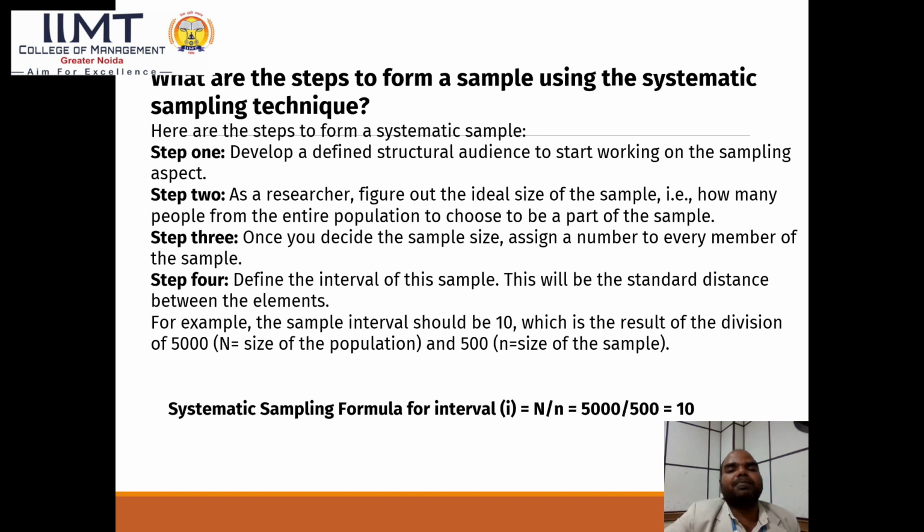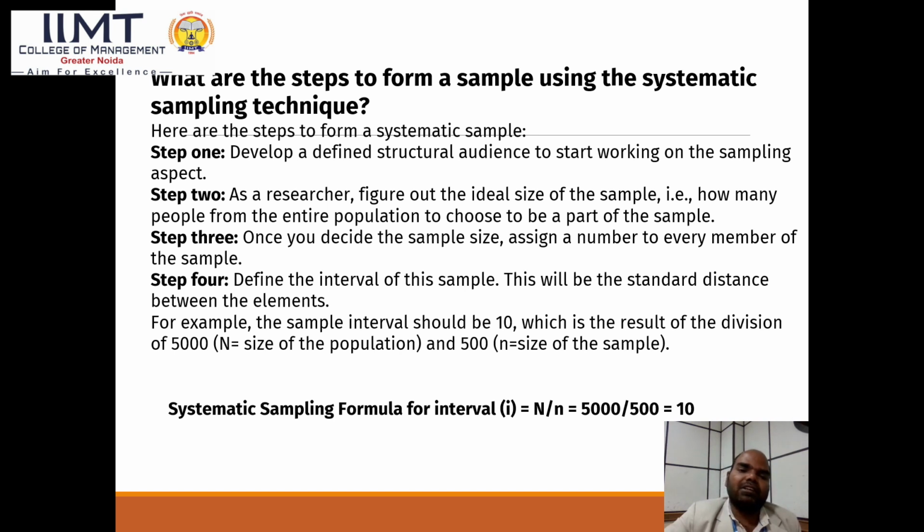What are the steps to form a sample using the systematic sampling technique? Here are the steps, step 1, step 2, step 3 and step 4. Step first, develop a defined structured audience to start working on the sampling aspects.